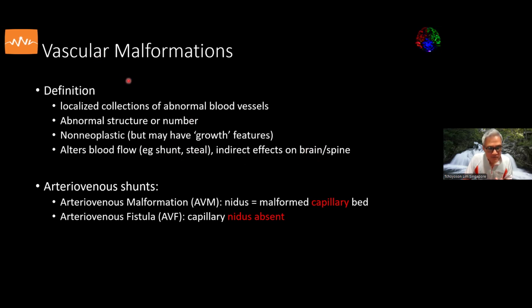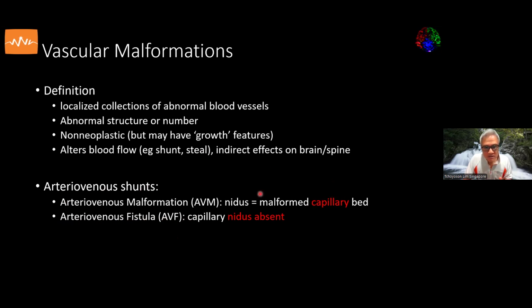Many of the vascular malformations are shunts and can be divided into two groups, namely AV malformations, where there is an abnormal nidus of malformed capillary bed from the artery through the nidus to the vein, or an AV fistula, where there is no nidus and it shunts directly from the artery to the vein.